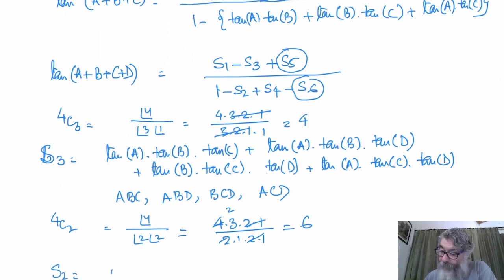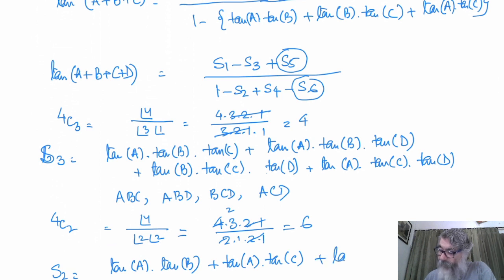And those will be tan A tan B, tan A tan C, tan A tan D, plus tan B into tan C, plus tan B into tan D, and then the last will be tan C into tan D. So how many combinations are possible?